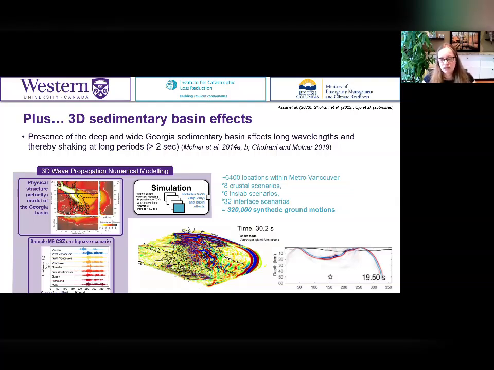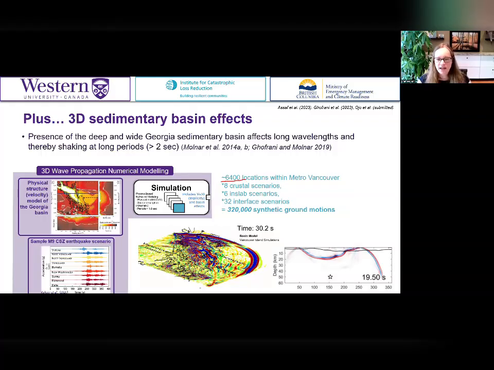That was all for one-dimensional site effects. We also were asked to include what the amplification or change to earthquake shaking might be because of the Georgia Sedimentary Basin underneath Metro Vancouver. And so we produce synthetic ground motions at a 250 meter resolution across Metro Vancouver.